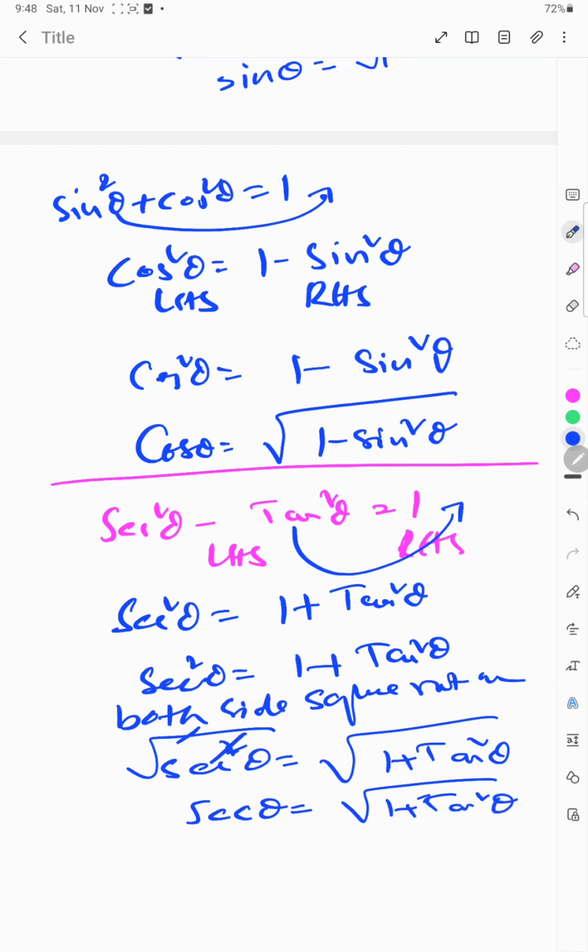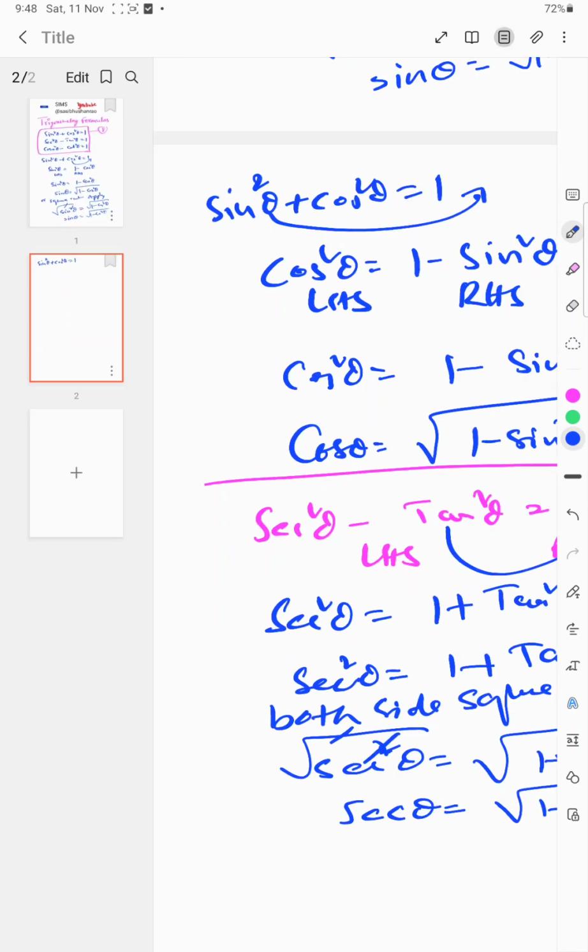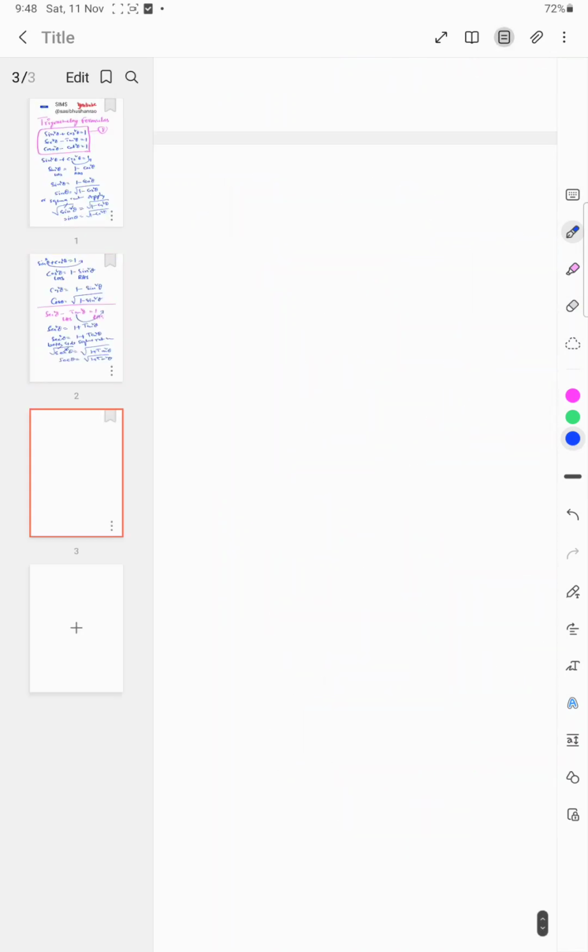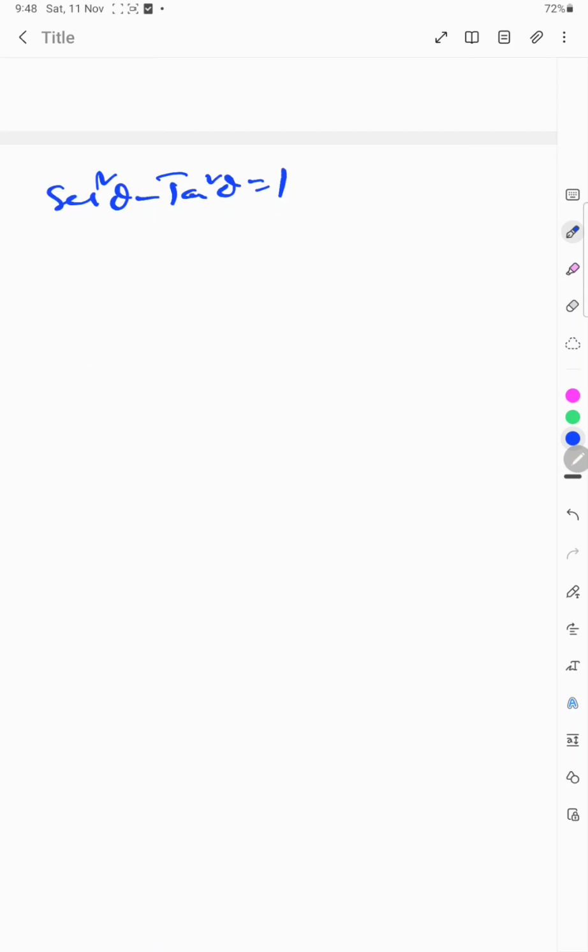This is the second one. Next one, we find tan square theta. So secant square theta minus tan square theta is equal to 1. We find tan square theta. For example, secant square theta goes to the other side, LHS to RHS, and tan square theta moves as plus tan square theta.